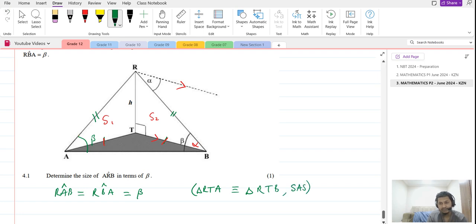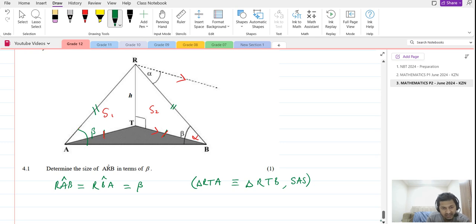Why side angle side? Because AT equals BT, that's given. RT is a common height, and those two angles are 90 and 90. So side angle side.